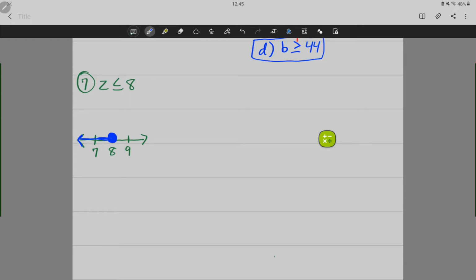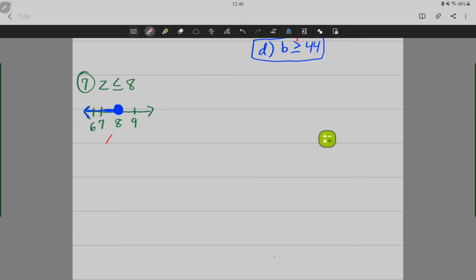So to the left of 8, we just renumber this, we would have 7, 6, 5, and so on and so forth. So now what does our inequality say? It says z, or any number that's less than or equal to 8, which means 8 is a solution. That's the first number we're going to start with.